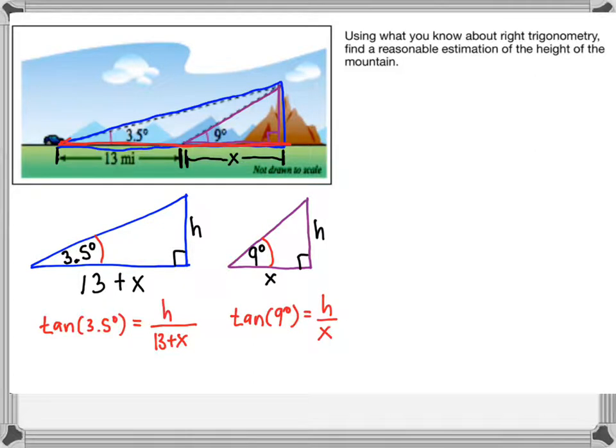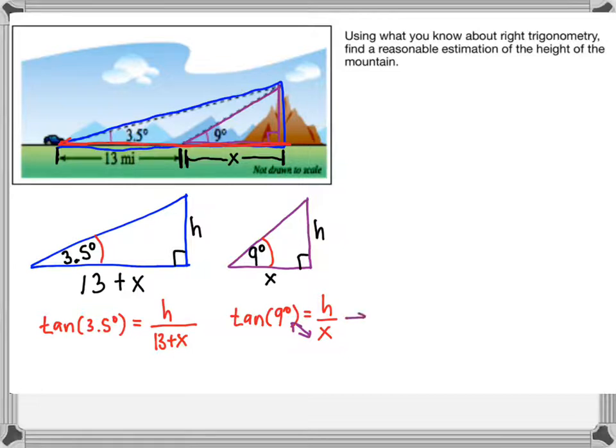We've got the two tangents there, and the game plan is that I want to solve for this X, get that X all by itself, so I can take that statement and plug it in for this X, and I'll have everything for H. It shouldn't be too difficult, since the X and the tangent can just switch places.